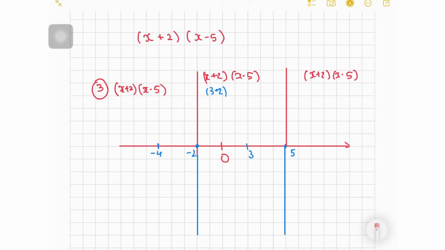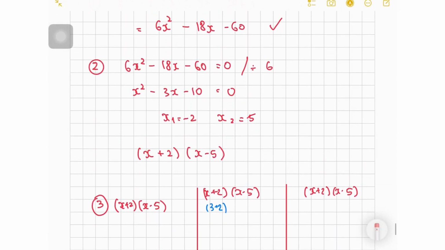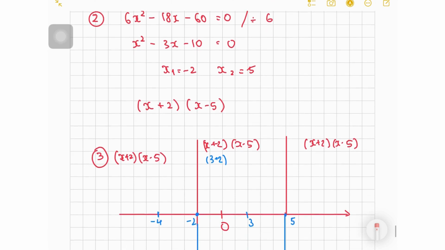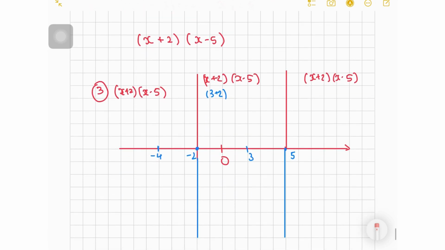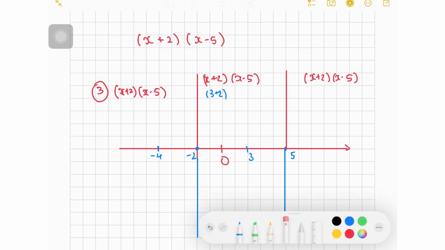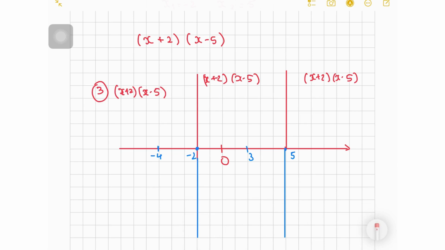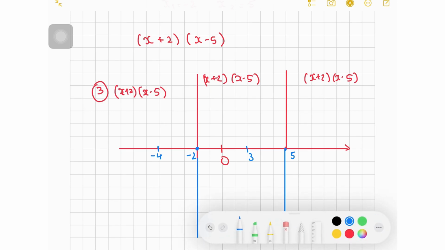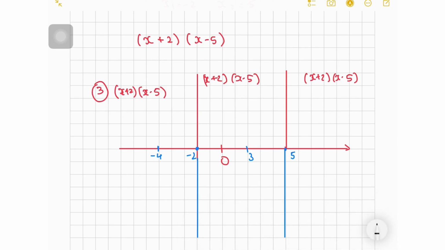Now that we have found the derivative and the zeros, we want to check the sign of the derivative and see where the sign changes, and that will help us identify relative minima and relative maxima.